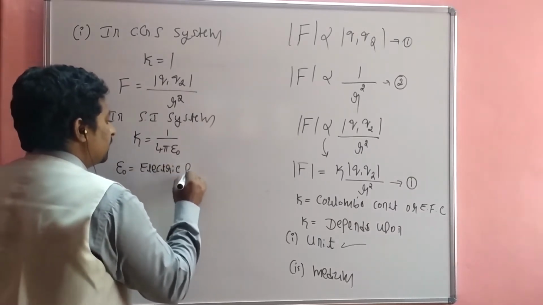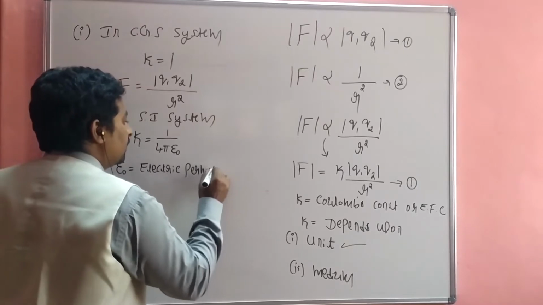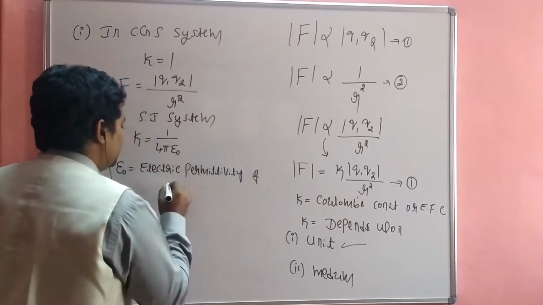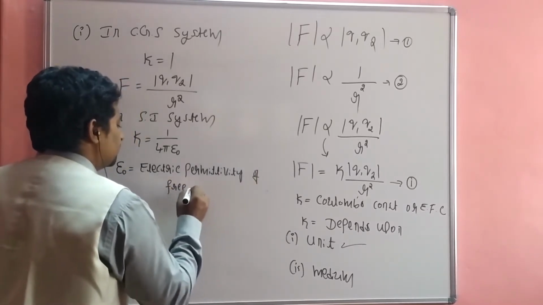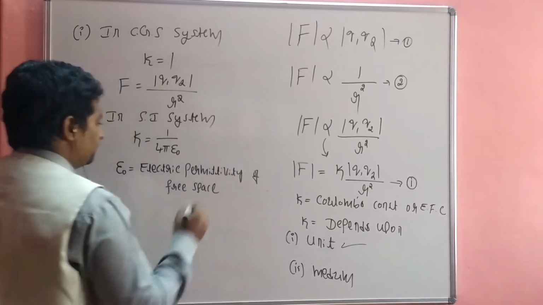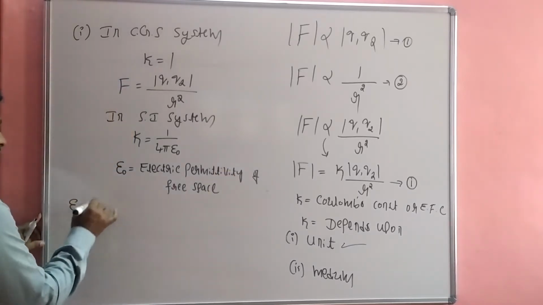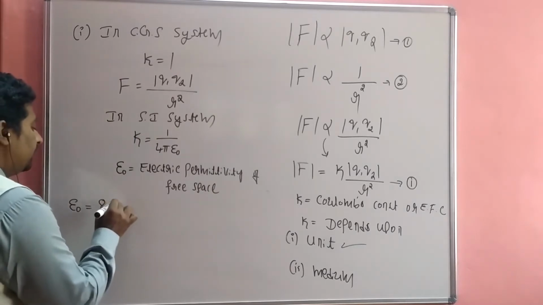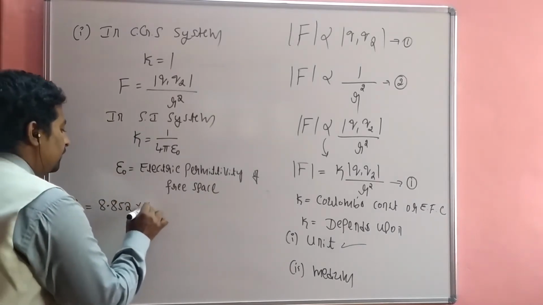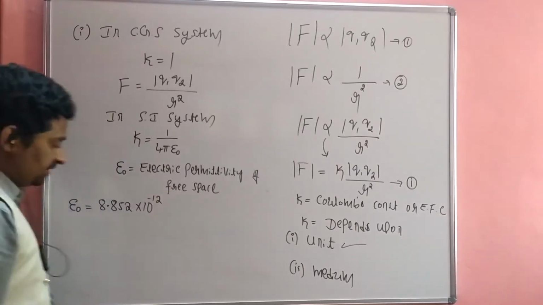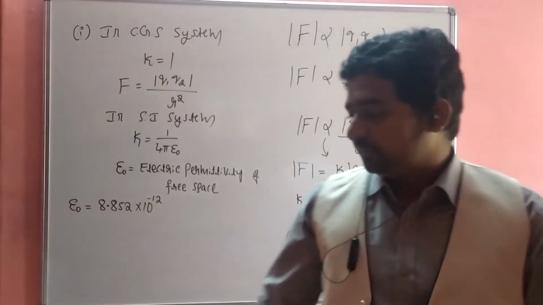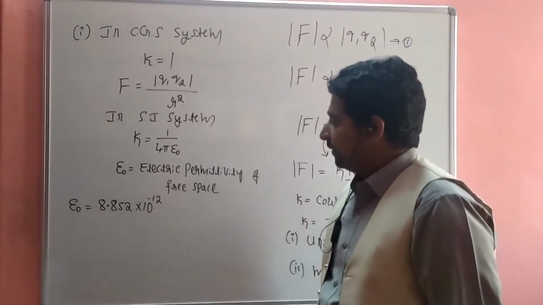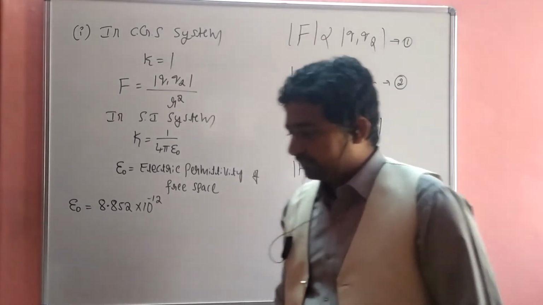The value of epsilon naught, the electric permittivity of free space, is 8.854 into 10 to the power of minus 12.